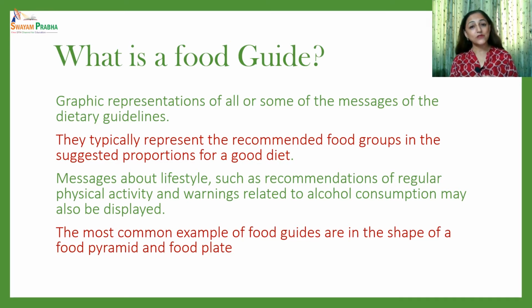The messages about lifestyle, such as a recommendation of regular physical activity or some warning signs, can also be displayed in the food guide. The most common examples of food guides are the shapes of a food pyramid and a food plate. But some countries choose different food guides that are culturally specific to that population.